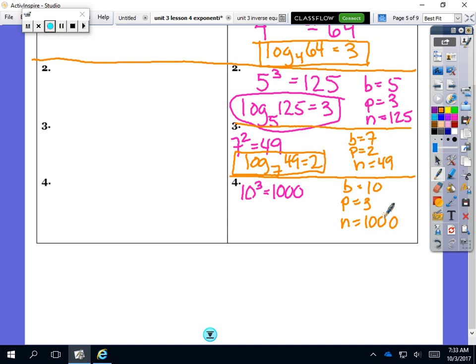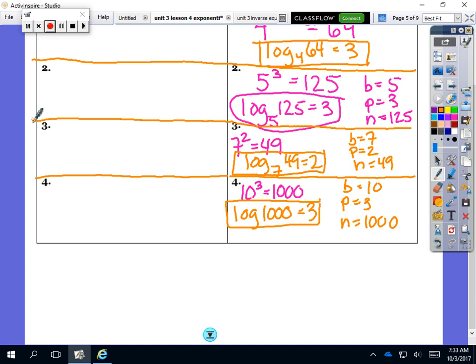So you would write log base 10, and if it's base 10, you don't have to write the base. Normally if you see a log that is base 10, they will not have written the base in. That's because 10 is the standard base of logarithms. So you could just write log of 1,000 equals 3. Now, if you wrote a 10 in there, I would mark it incorrect, but if you were doing a multiple choice test, you would have to recognize that if there's no base written in, it's a base 10.